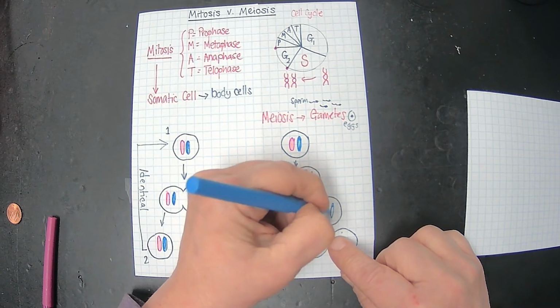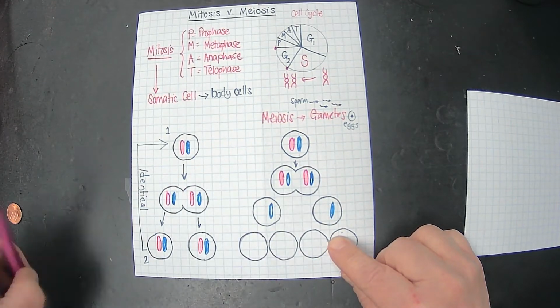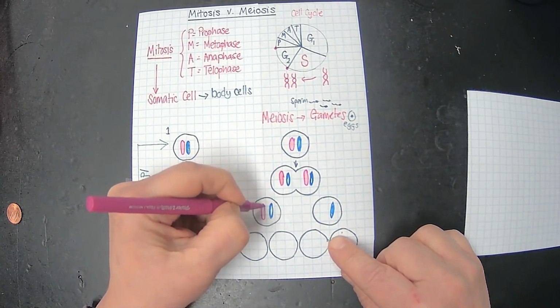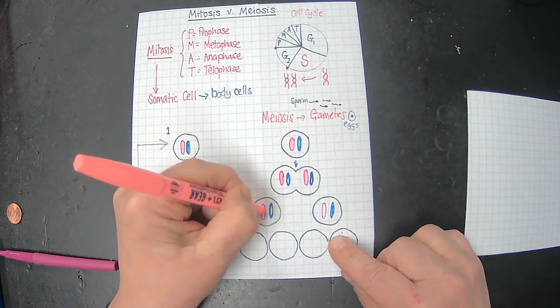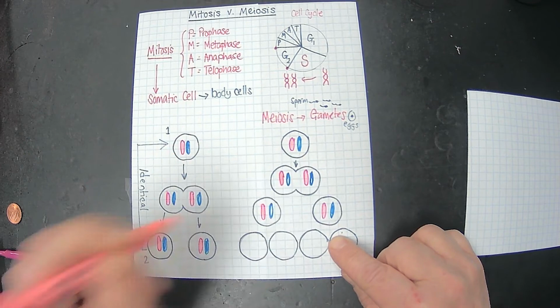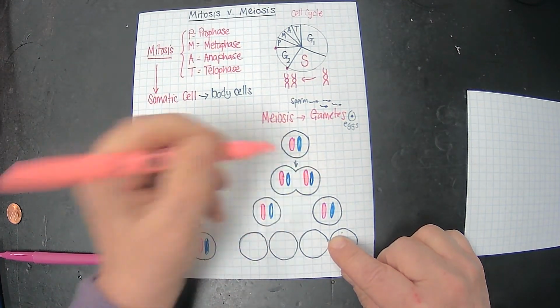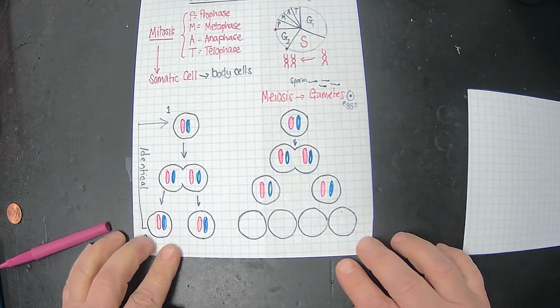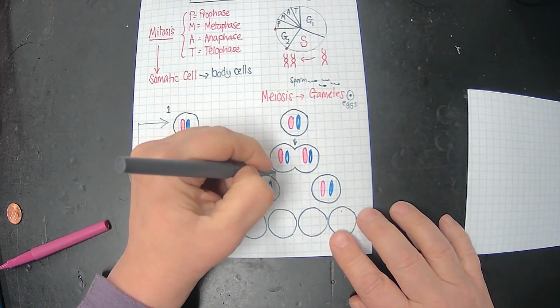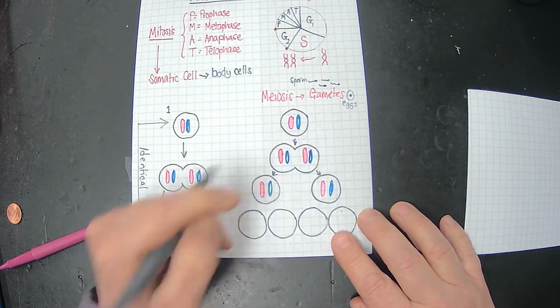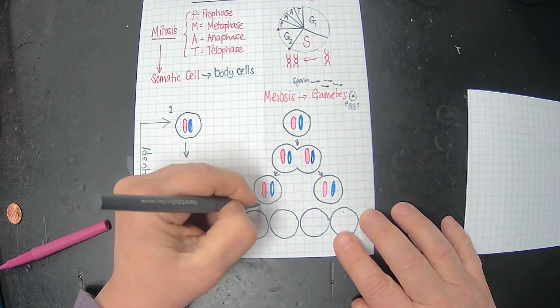So we've now got two cells that look exactly like the ones they came from. So you say this part of it, meiosis is just like mitosis.